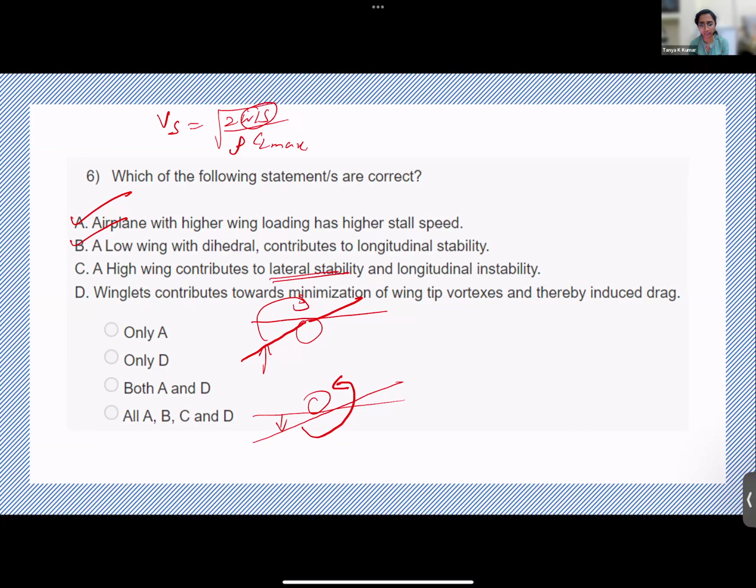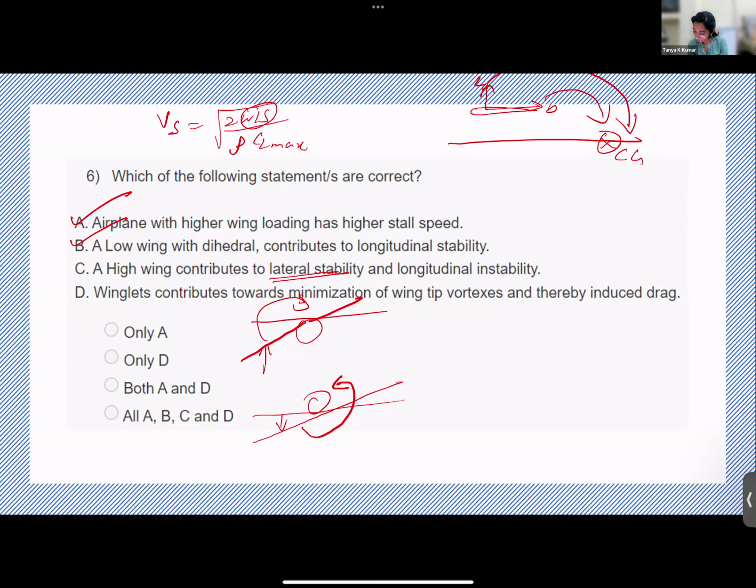I think we had seen this during one of the weeks. So if this is your fuselage reference line and you have a high wing like this, you have one lift component and one drag component, right? And your CG is here. Now, the lift and the drag both produce destabilizing moments about the CG.